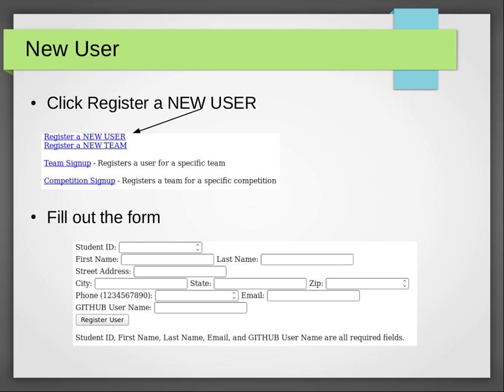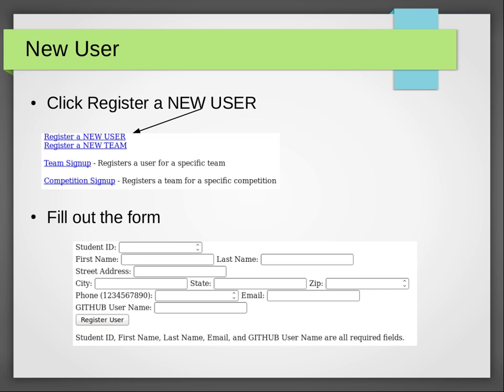The big thing is make sure you get your student ID and your GitHub username. I put in only the required fields and it's got errors. Yeah, there are more required fields than anticipated. I just put something in every box. It doesn't have to be right, just your ID number and your name.